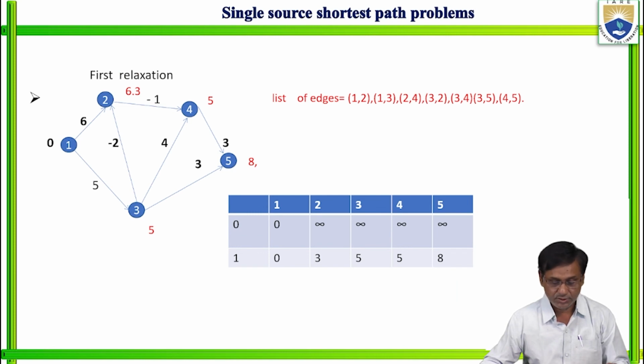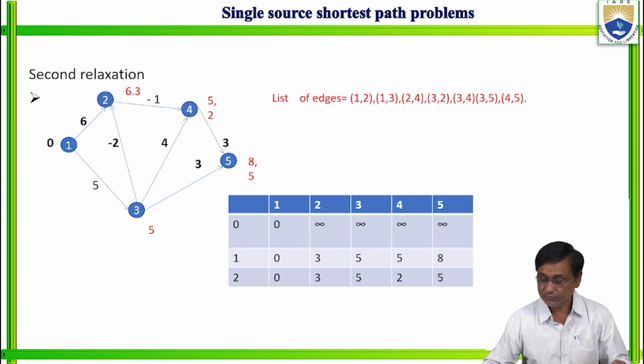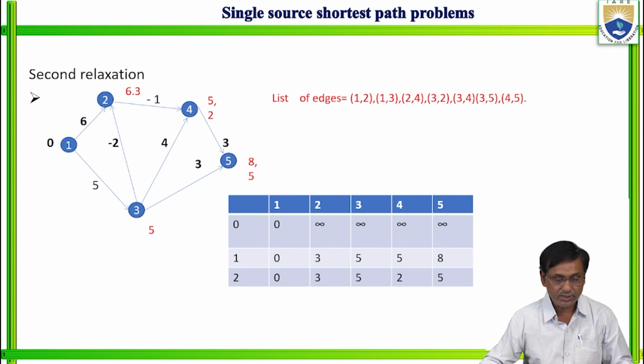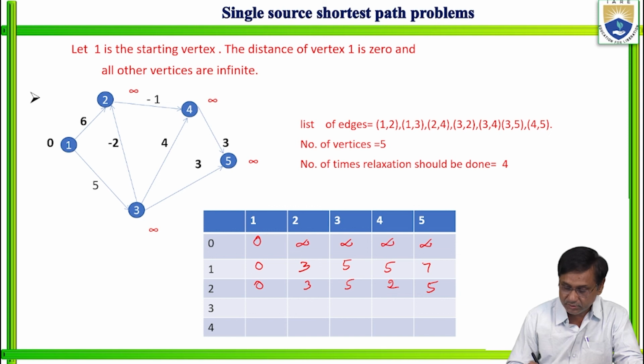Now you can see this in the second iteration. The first iteration is 0 3 5 5 8. Then the second iteration is 0 3 5 2 5. Then coming to the third iteration, 1 to 2 is same as 3, and 1 to 3 is 5 only. 2 to 4 is 5 only, and 3 to 2 is 2 only, and 4 to 5 is 5 only.